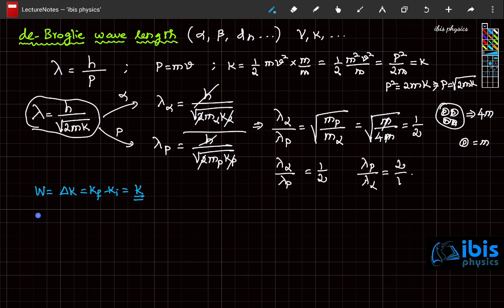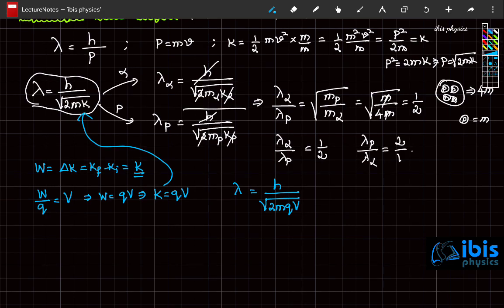But in 12th standard, we also know work done per unit charge is equal to potential difference, which means work done is equal to charge into potential difference, and work done is equal to kinetic energy. So kinetic energy is equal to charge into potential difference. When you substitute the same here, we get the lambda of the particle equal to h by square root of 2m into charge into potential difference.